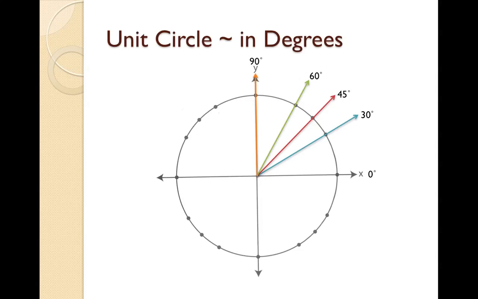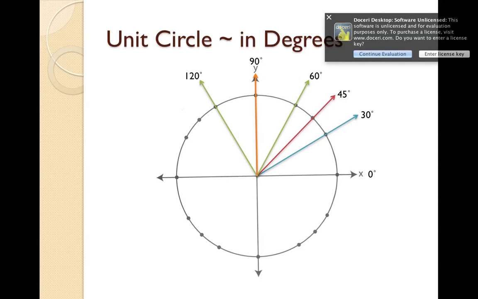And then when we get to our y-axis, then we have our 90-degree angle, because now that's forming a right angle with our x-axis, and so that's where 90 degrees is. Now we can continue going around the circle, and our next dot is going to be 120 degrees. Then we've got 135 degrees, 150 degrees, and back to another axis.